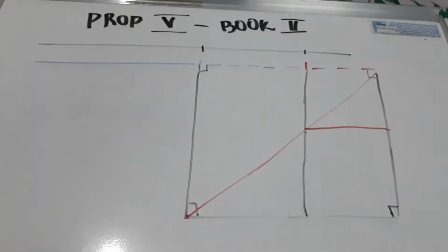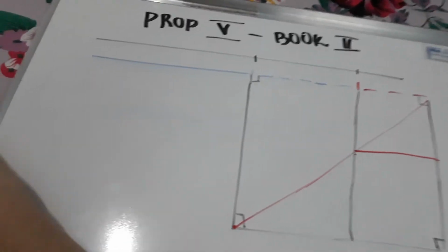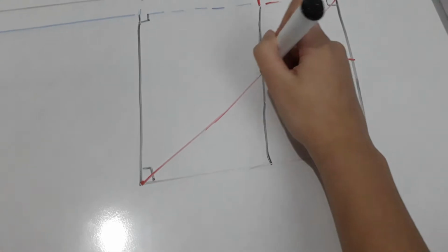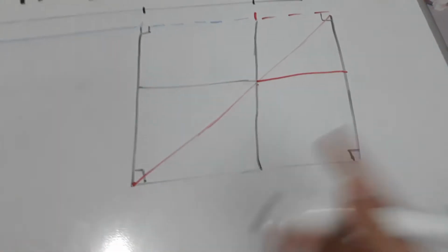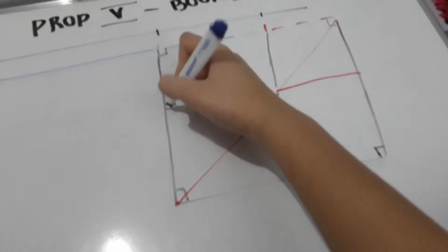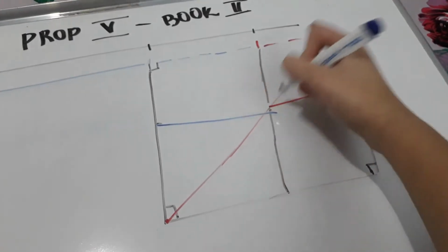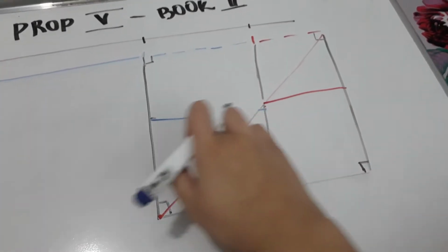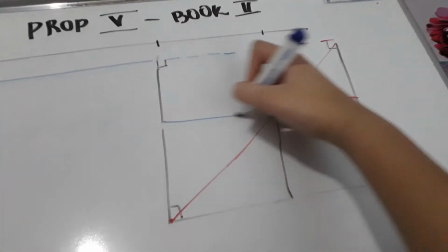Okay, we just extended this line, and now we have this. I am going to do this one with blue so we can understand better, maybe.